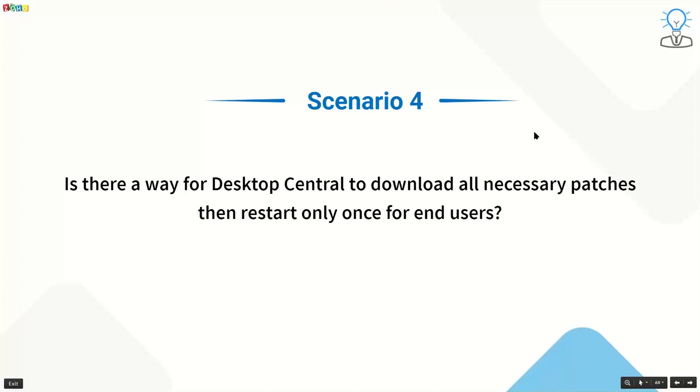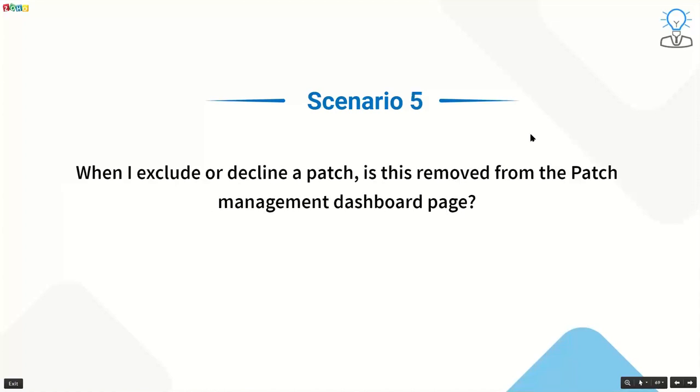The agent will parse the configuration, download all those 10 patches from the Desktop Central server repository, install all of them, and then process the reboot mechanism that you have configured in the deployment policy. So only after deploying all the necessary patches will the agent perform the reboot. If defined, machines will be rebooted. If not defined, agents will not reboot the machines.